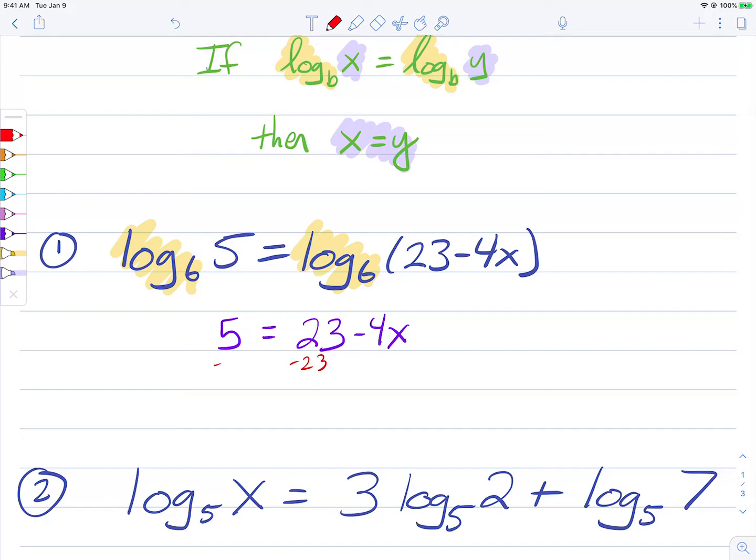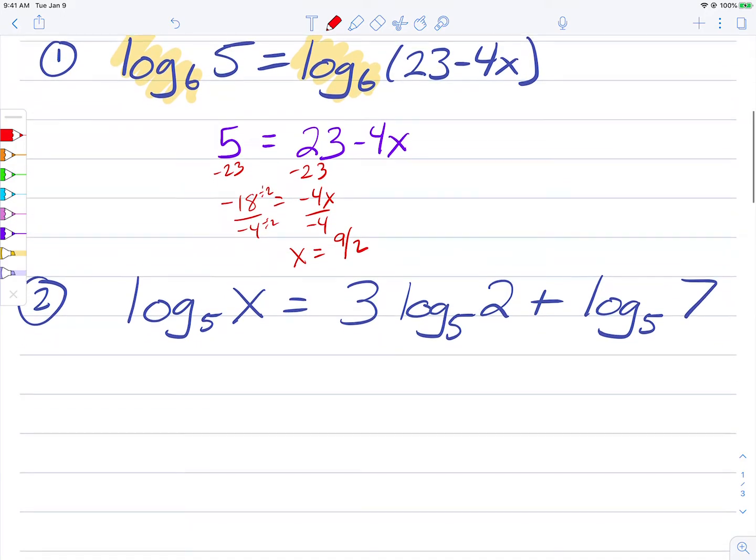Then all I've got to do from here is solve them. If I were to solve them, I would get negative 18 equals negative 4x. And if I divide negative 18 by negative 4, a negative divided by a negative is a positive. I can divide both of those by 2, and I get 9 halves.